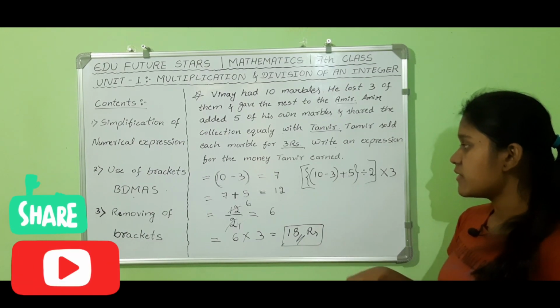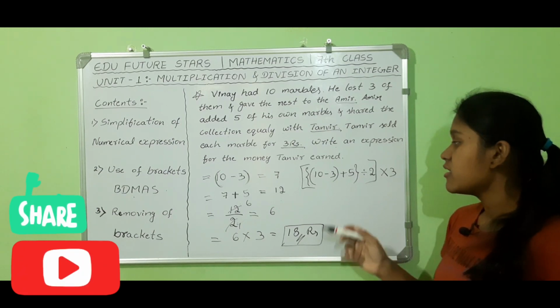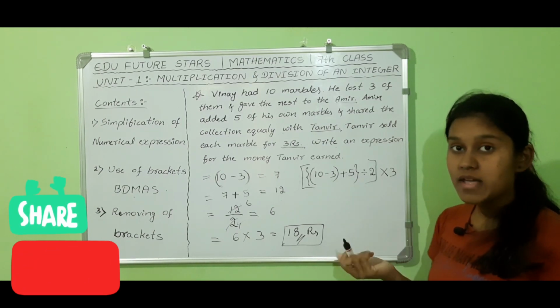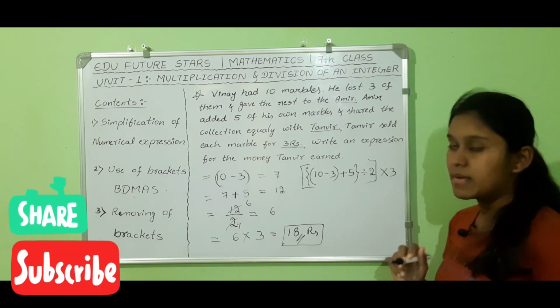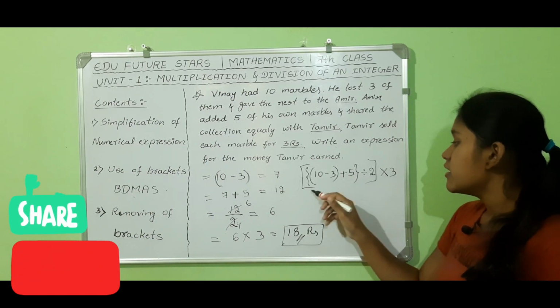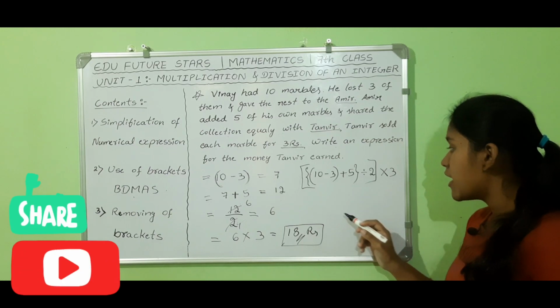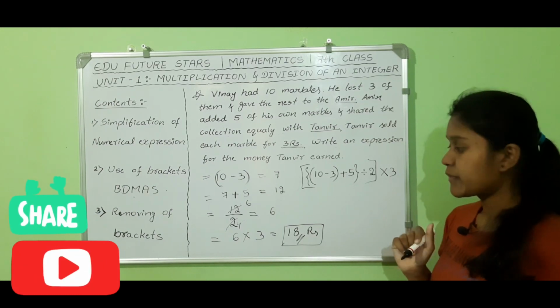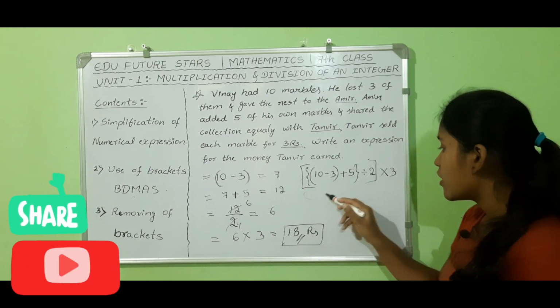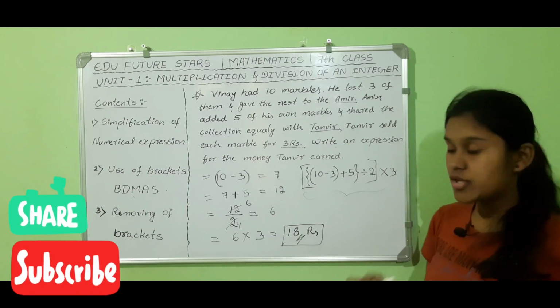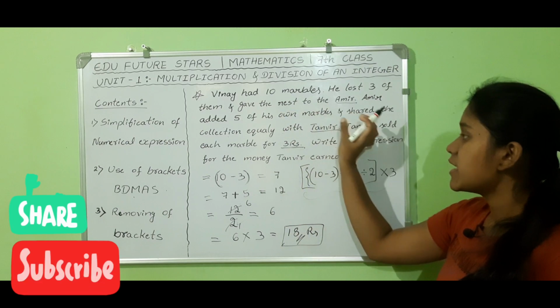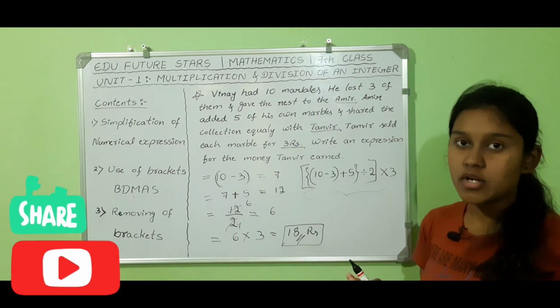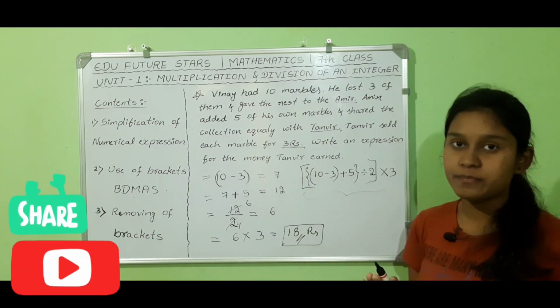See, 10 minus 3 we have to solve first. Then to that we have to add 5. Again, whatever value you get for this, you have to divide by 2. And here you are getting some value. That value should be multiplied with 3. Got it? This is a single line expression. Here we simplified it sentence by sentence. Got it? This is a single expression.